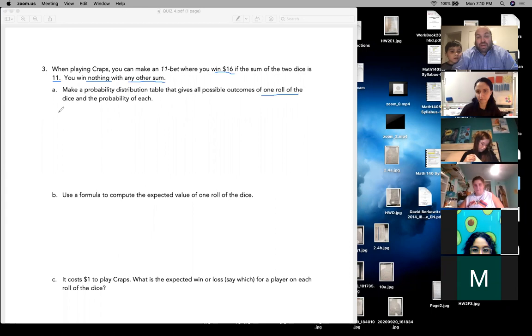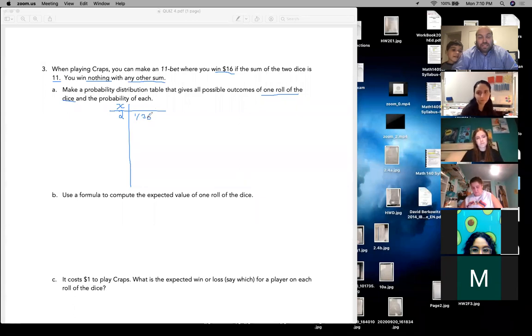You're rolling a pair of dice, and the probability of each. You can get a 2. What's the probability of getting a 2? 1 out of 36.